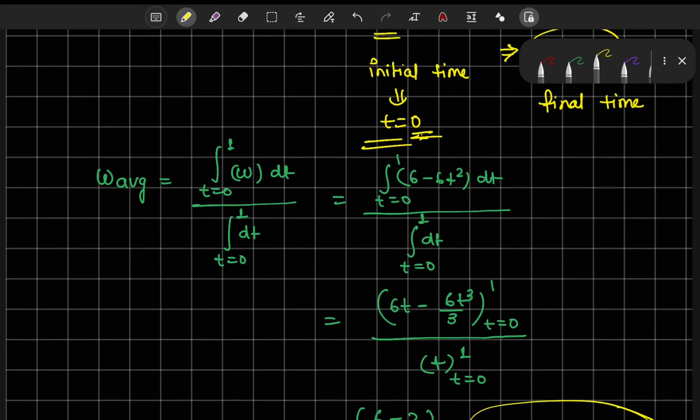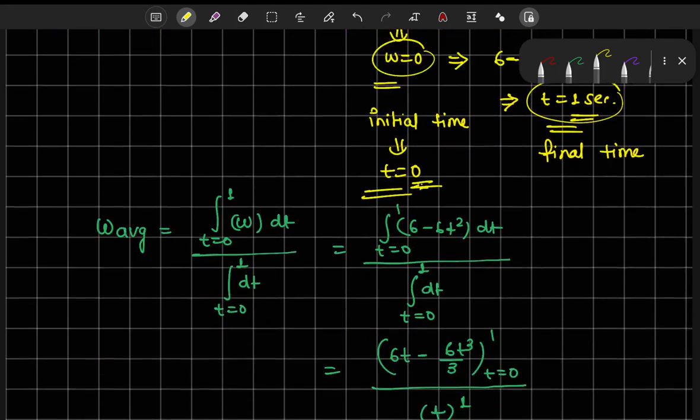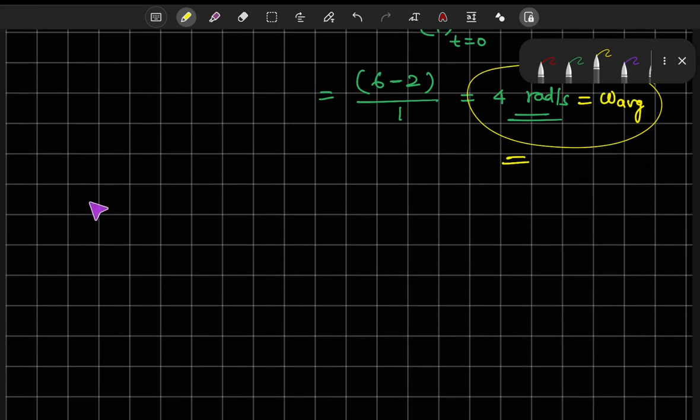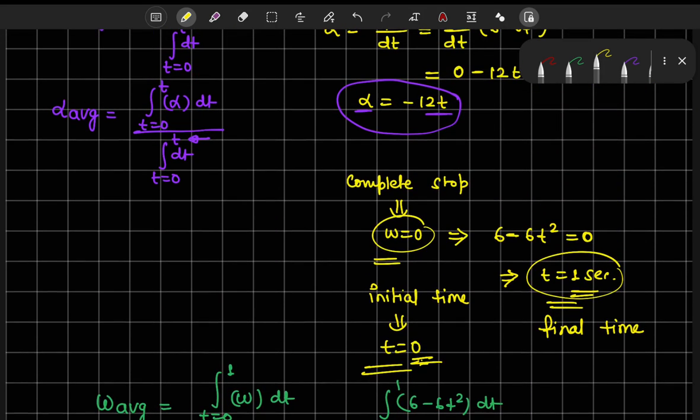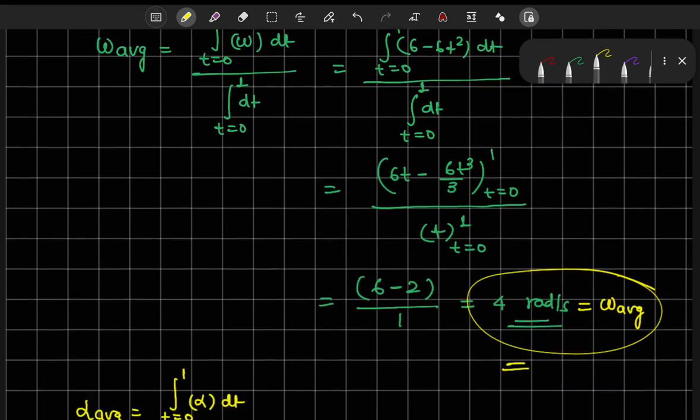Now coming to the average value of the angular acceleration, we can write alpha average is equal to the integral of alpha into dt from t is equal to 0 to 1, whole divided by the integral of dt from 0 to 1. What is the expression of alpha that we have found? That is minus 12t.